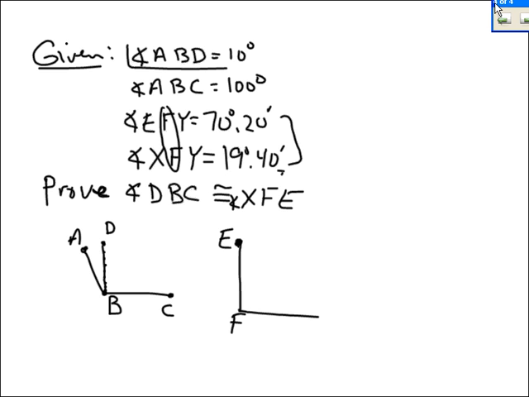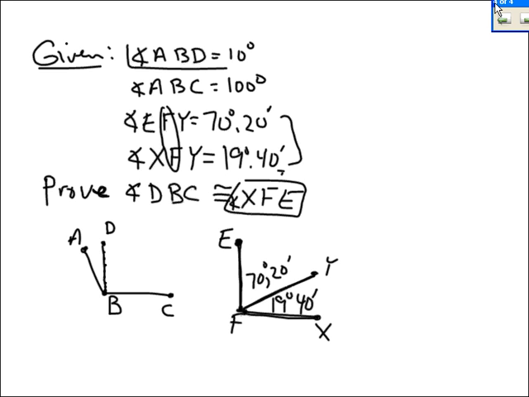E, go to F and go to Y. Here's Y. This angle is 70 degrees, 20 minutes. And XFY, that's the balance of the 90 degrees. It's 19 degrees, 40 minutes. Okay. So now, what we're being asked to show is that XFE.